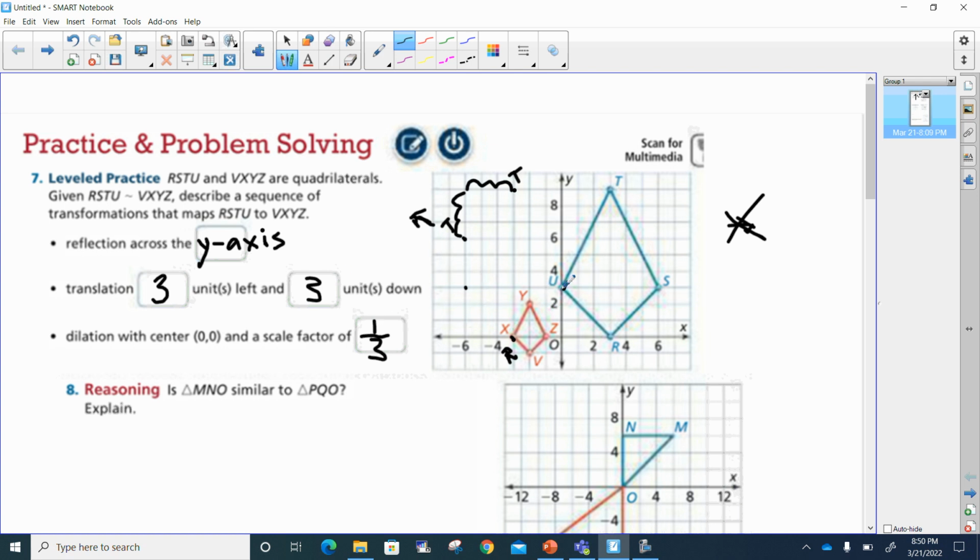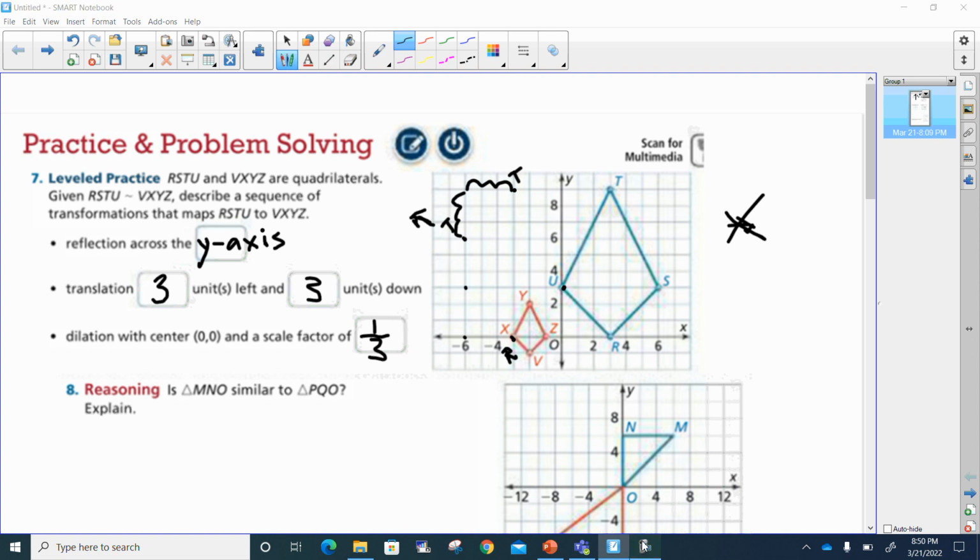It also makes sense because when I go down 3 here with U, I'm going to be at 0, right? And 0 divided by 3 is still going to be 0, right? So that works perfectly. Even R, when it goes down 3, when I divide it by 3, it'll be 1. Okay? So definitely 1/3 is the scale factor, and translating it by 3 units to the left and 3 units down, perfect.